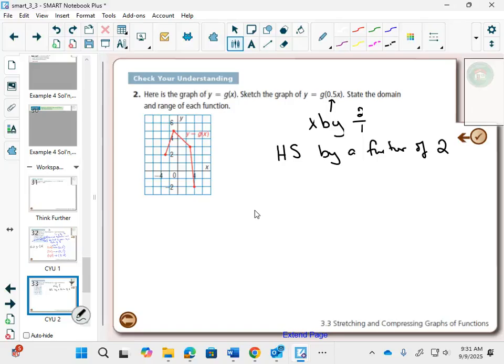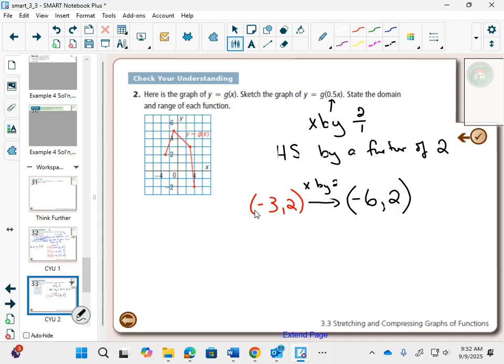So each of these points, what's going to happen is your x value is going to get multiplied by 2. Now if I chose a point like this first one, -3, 2, I could show my work here. I'm going to multiply my x values by 2. What's going to happen to that point? The y value won't change. I'll get -6, 2.